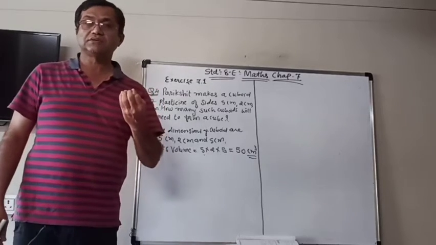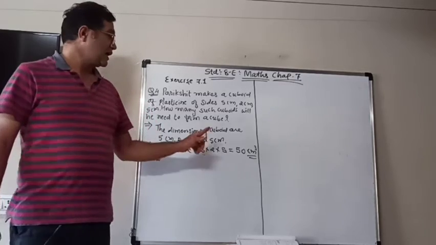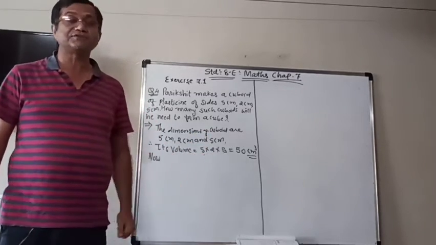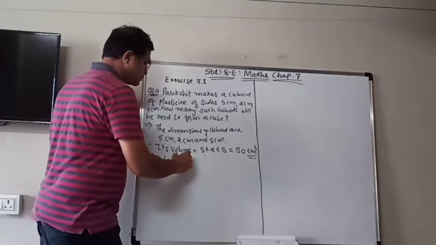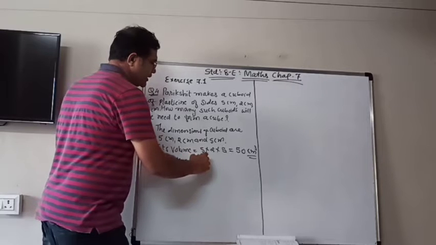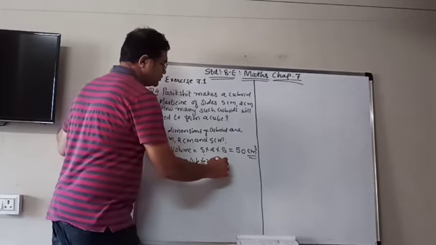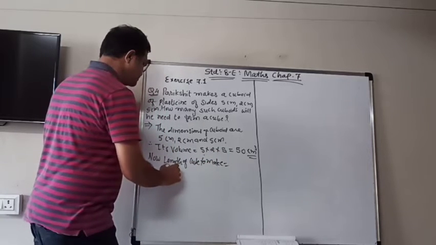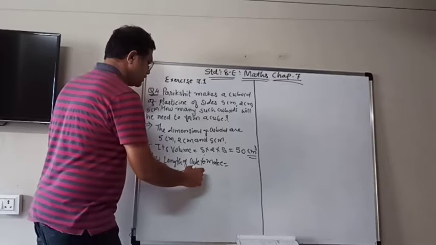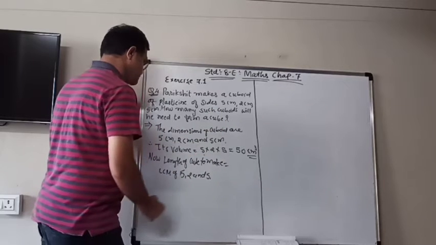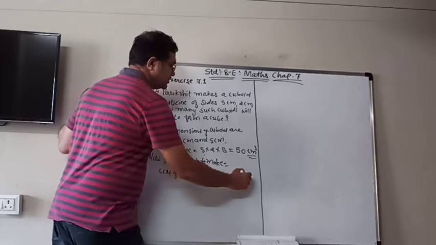So the side will have the length of the LCM of those 3 numbers. So now the length of the cube to make is equal to the LCM of 5, 2 and 5, which is 10 centimeter.